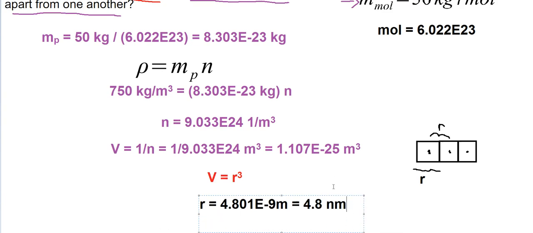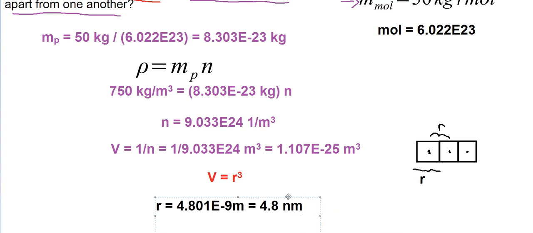So using this, you can actually figure out exactly how far proteins are apart if you know their crystal structure, how much each one of them weighs, and how much density they have. It's directly relatable to physical characteristics.